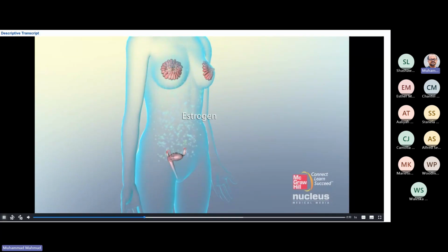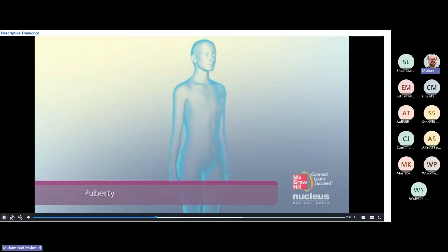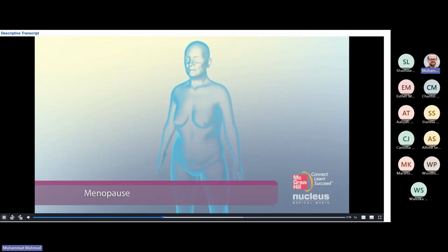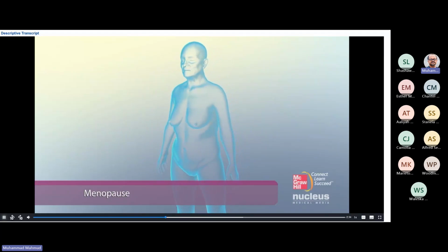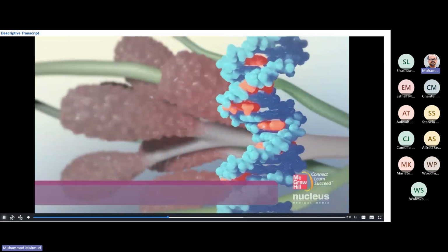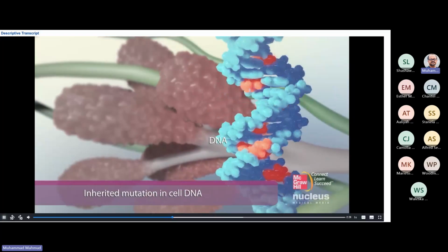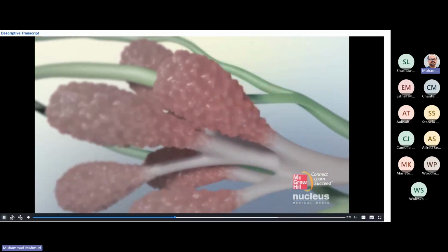The stimulus for breast tissue growth is estrogen, produced by the ovaries during a woman's reproductive years. Therefore, the longer the time between puberty and menopause, the greater the chance for developing breast cancer. Some breast cancers come from inherited DNA changes or mutations.